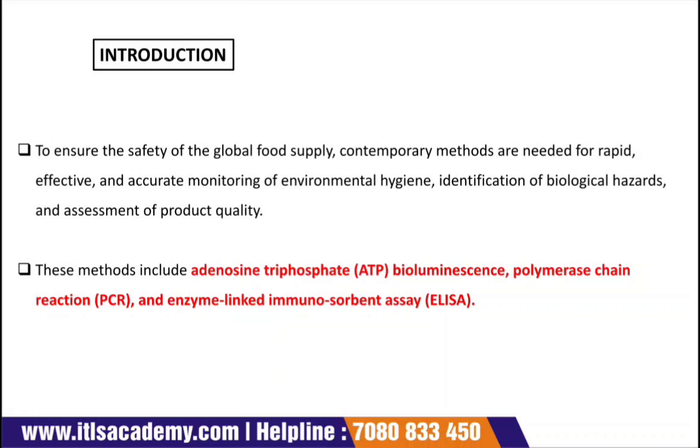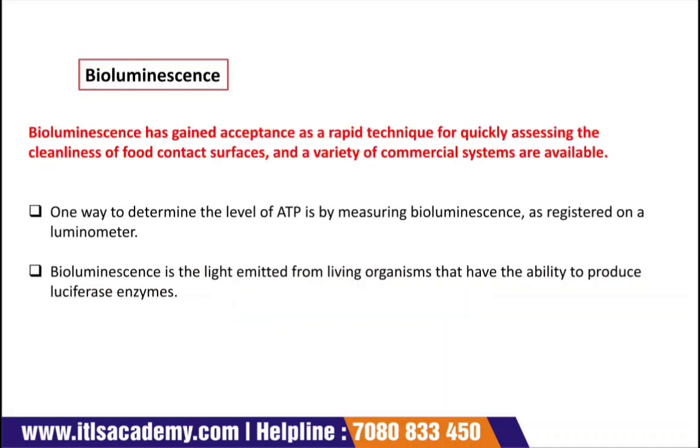We are all aware of these methods because we have done these laboratory experiments in our labs. So let us understand how these methods are helping the food industries to check the quality of the food and to eliminate the presence of microorganisms.